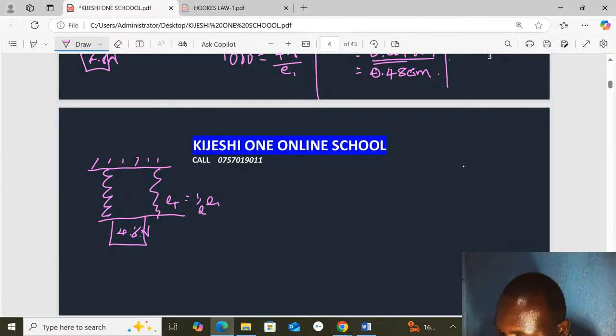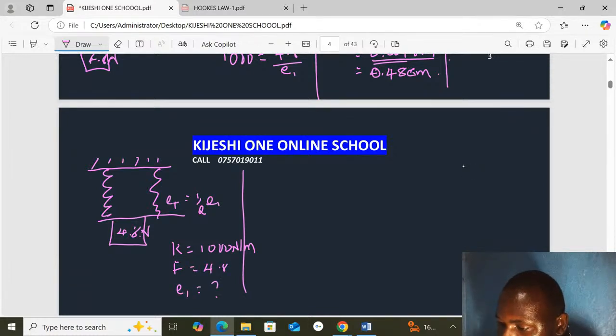Therefore, from K equals 1000 Newton per meter, and our force is 4.8, then our E1 will be what? Therefore, our E1 will be force over K, which is 4.8 divided by K, which is 1000.